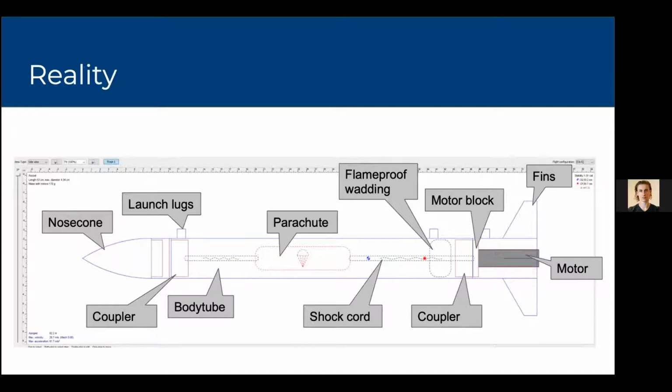In my example, I had one coupler joining the nose cone to the body tube, the red rectangle on the left. That centers the nose cone into the body tube and slides it in. And then another one on the right, which centers and secures the fin assembly that's fully 3D printed.